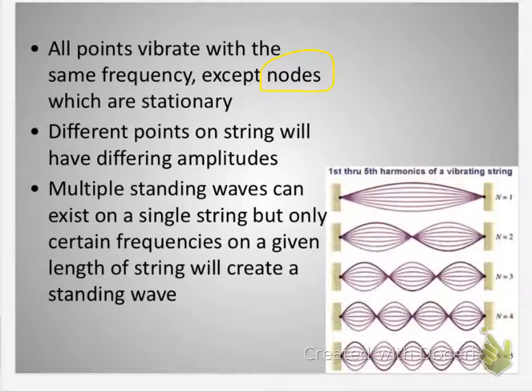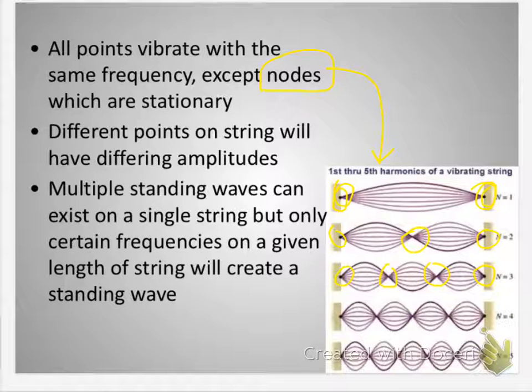Okay, so if we look at this first case, this first harmonic, how many nodes are there? Where are the points where the string is not moving? 2. They're on the ends. Node 1, node 2. In the second harmonic, how many nodes are there? 3. 1, 2, 3. In the third harmonic, how many nodes are there? 1, 2, 3, 4.